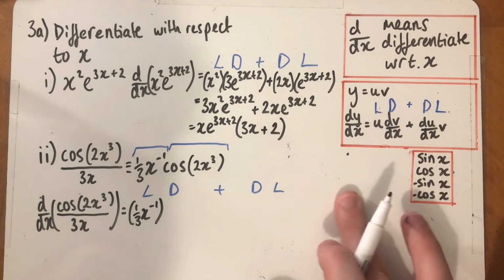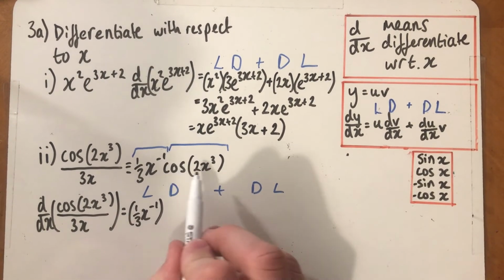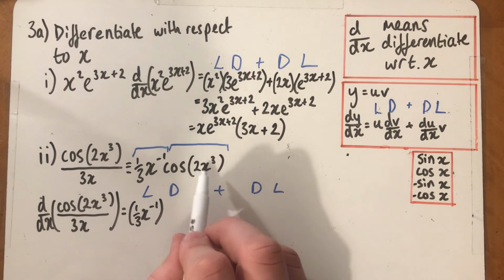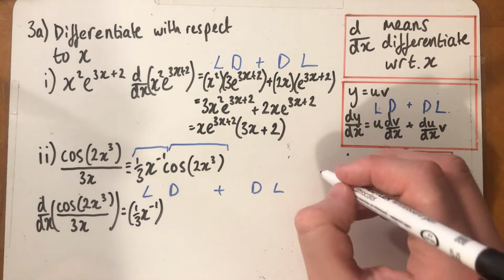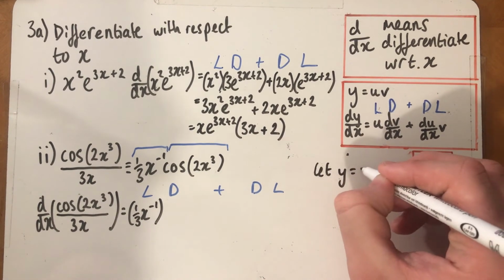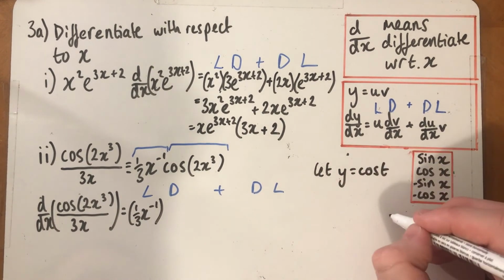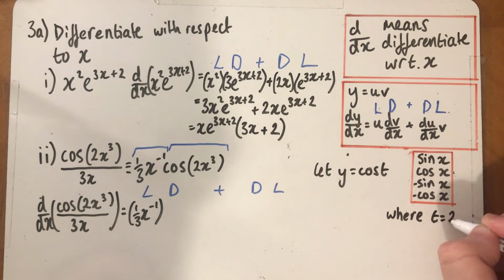Now, in order to differentiate the second term, again, we're going to have to use the chain rule because it's a function within a function. Okay, there's a 2x cubed inside the cos. So what we can do, as before, we can just say let y equals cos t, where t equals 2x cubed.